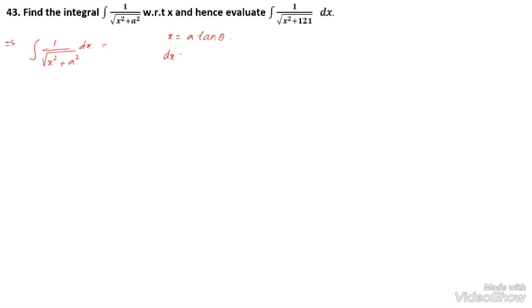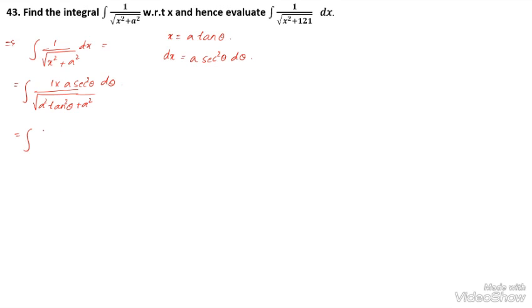Taking the differentiation, dx is equal to a times the differentiation of tan theta, which is sec square theta into d theta. Substituting in this integral, 1 divided by, replacing x by a tan theta, that is a square tan square theta plus a square. Here there is a dx, so I can take dx as a sec square theta into d theta.